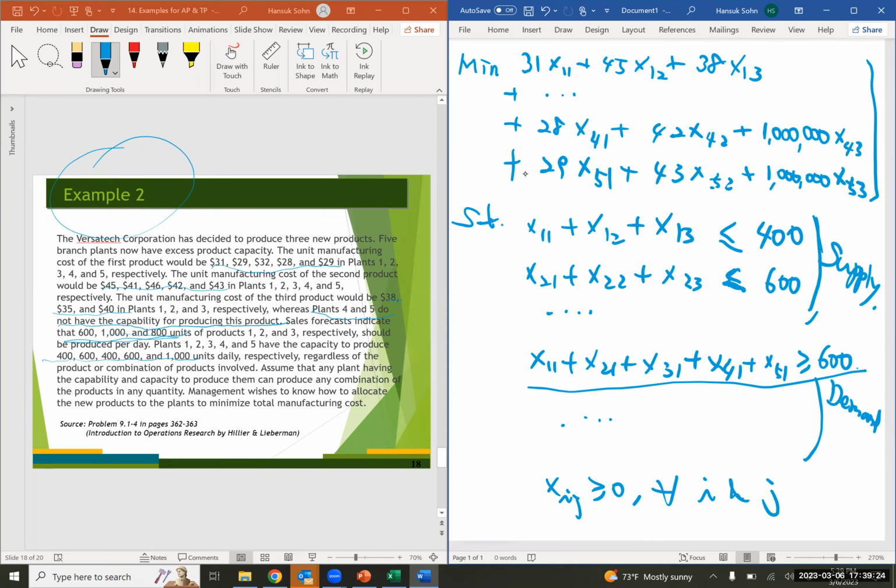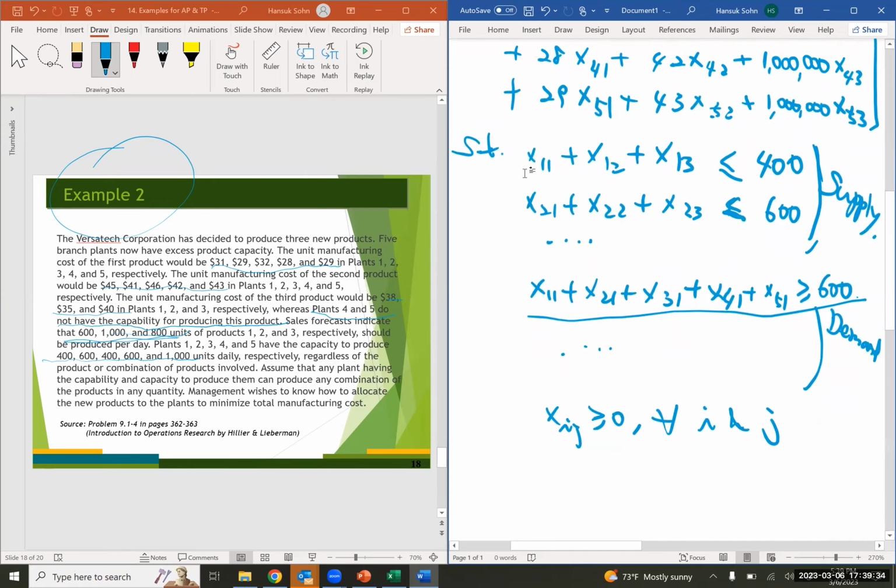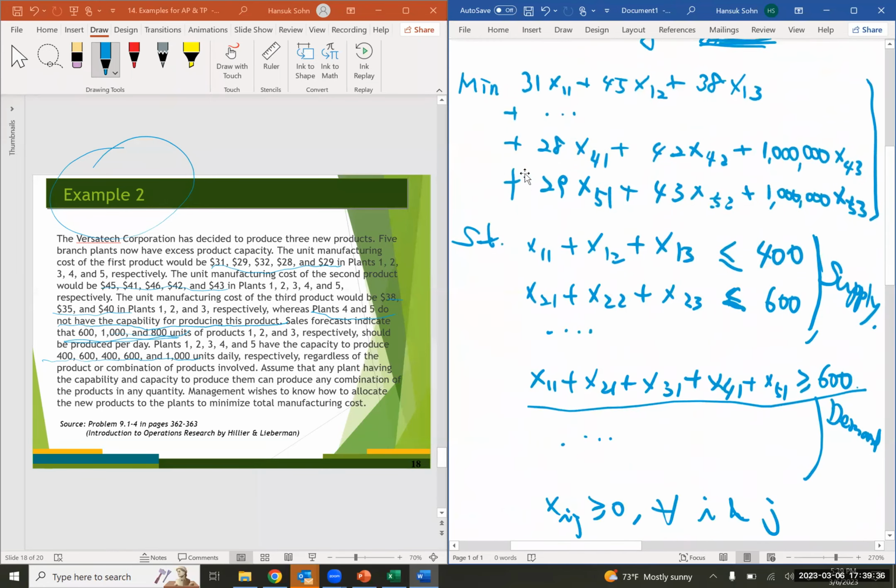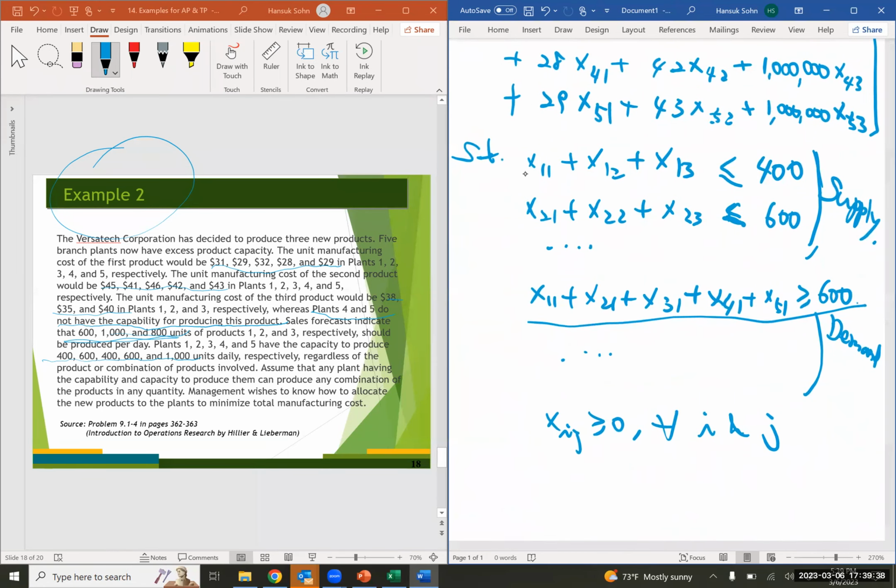Combined together, this is the complete LP model. Of course, i goes from 1 to 5, and j goes from 1 to 3.